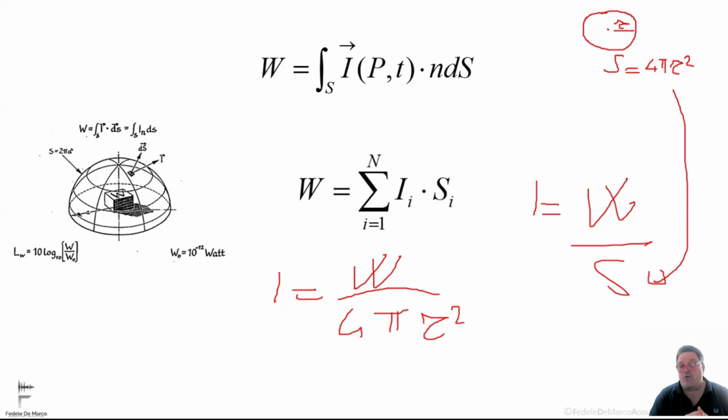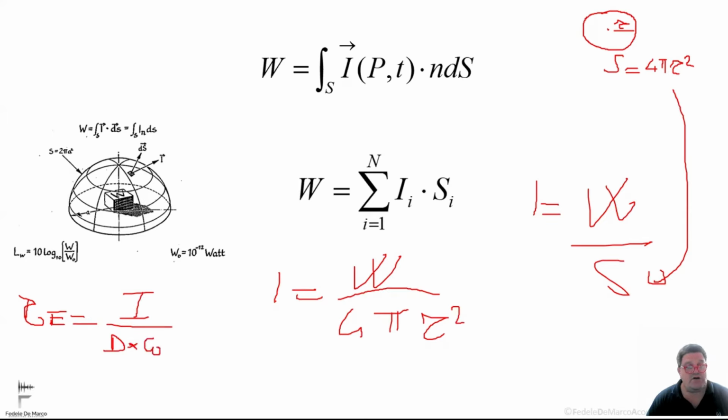So remember that the density is equal to intensity over c0, the velocity of sound.